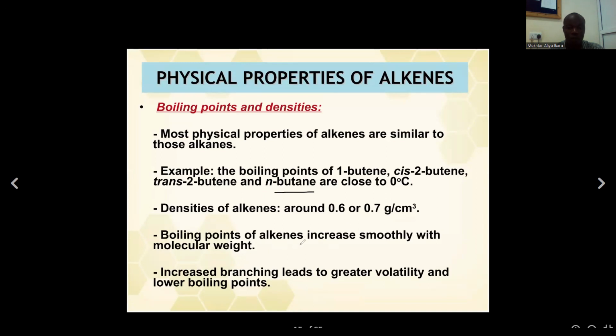Then the boiling point of alkenes increases smoothly with molecular weight. So it means that the more the number of carbons in the alkene, the higher the boiling point. And increasing branching leads to greater volatility and lower boiling point.